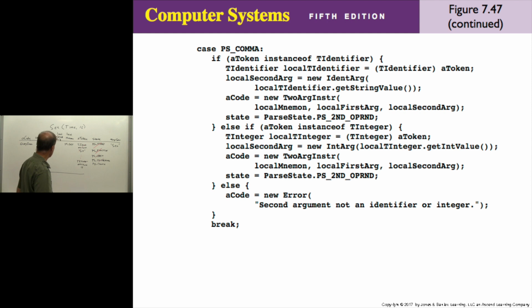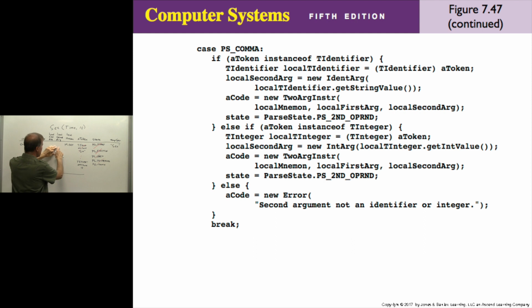A new int arg. So here we are in PS comma, and it's else if a token instance of T integer, which it is, and then this local second arg gets new int arg. So this is the constructor for an int arg. And it uses the local T integer dot get int value, so that it gets that 15.